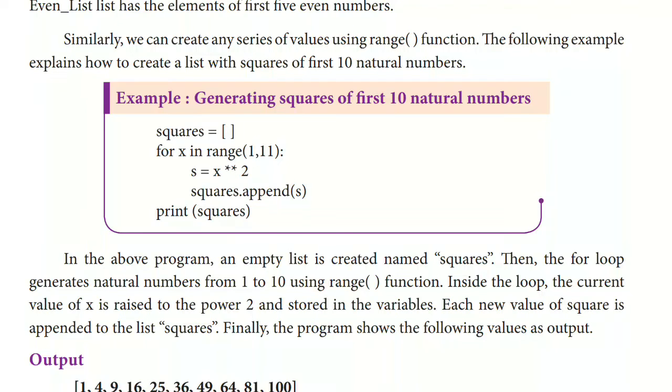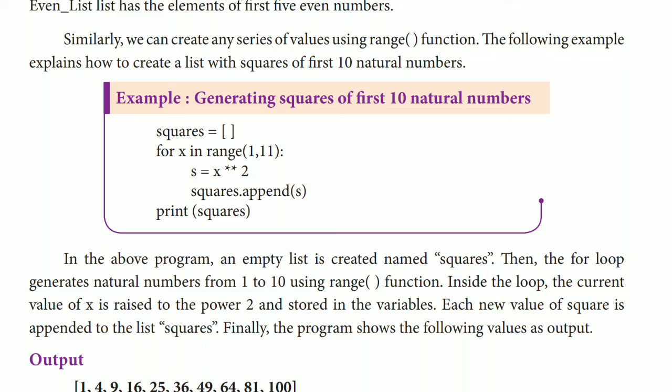And you can see square dot append s. So after executing this, the square will be stored in the s value, and the s value is appended using the append method to the square list. So each time the for loop executes, a value will be added to the square list.